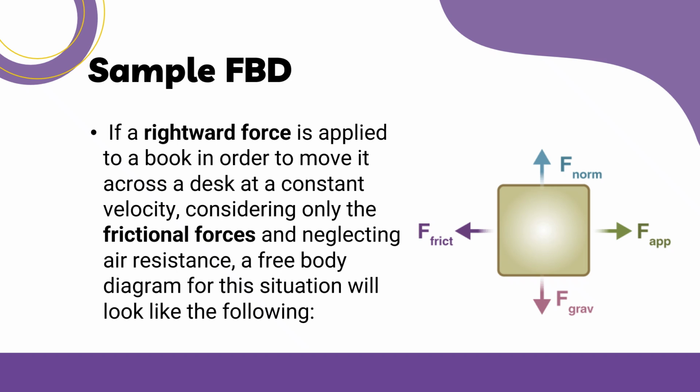Then we have the gravitational force, represented by the downward arrow. And then, if you have analyzed the situation, there is a rightward force being applied, hence we have the applied force at the right. And we also consider the frictional force, so there should be an arrow going to the left. Take note that typically the applied force would go opposite to the direction of the frictional force.